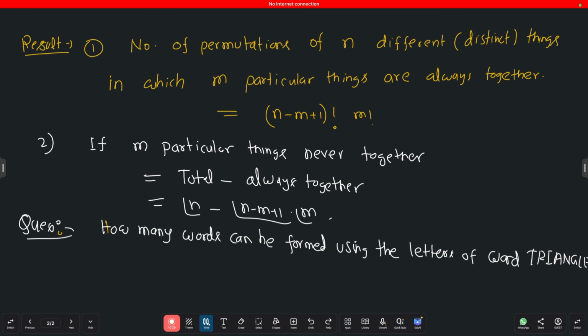Now I am giving two conditions. Firstly, all vowels together, and secondly, all vowels never together.